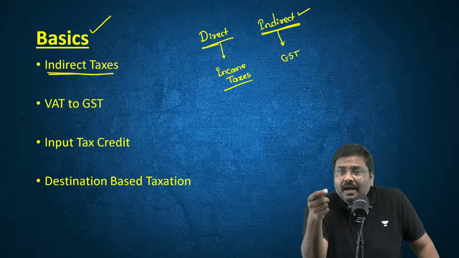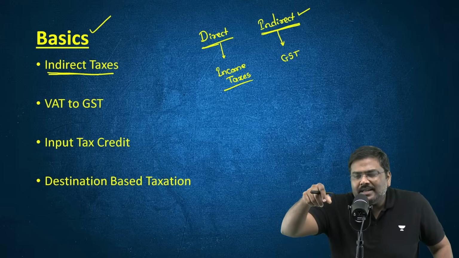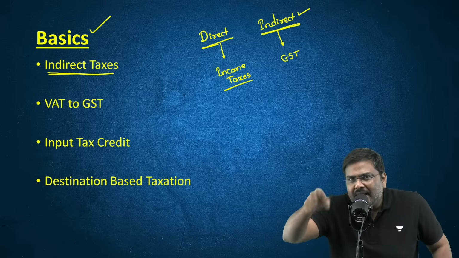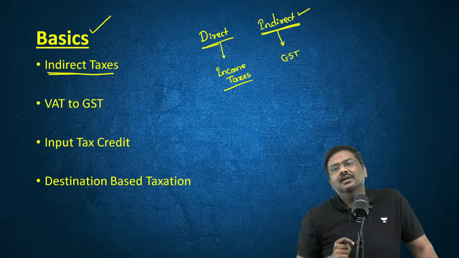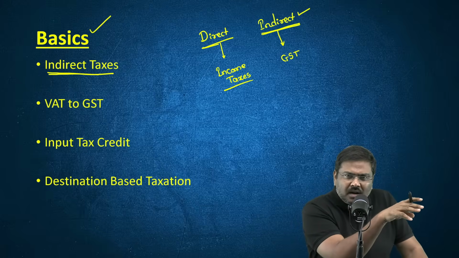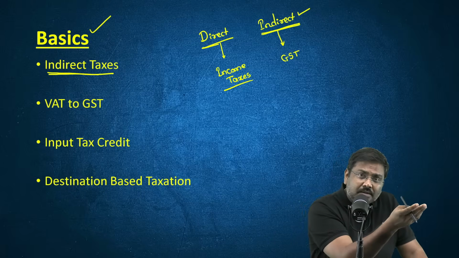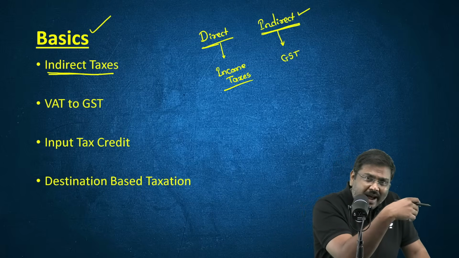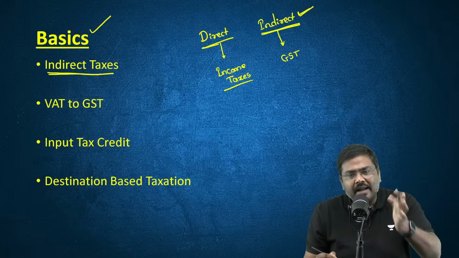The price that you pay is inclusive of GST. So the burden, essentially the final resting place of a tax, is on you, the consumer. So here the tax was imposed on the restaurant owner, but they transfer the burden to the customer. Because this tax burden can be shifted, this is called indirect tax.